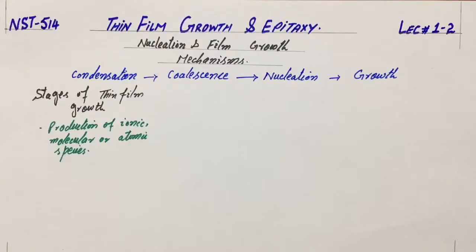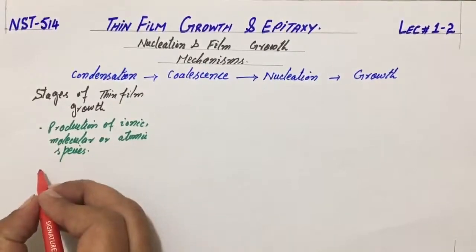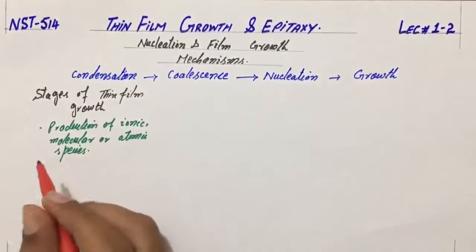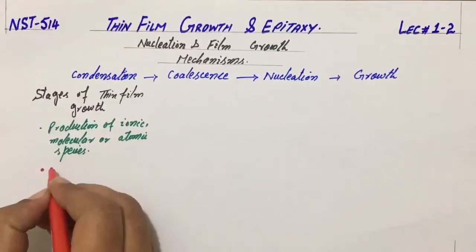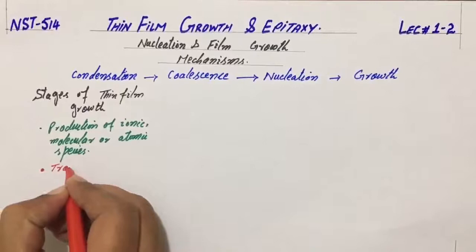So the second parameter is the transport of these species to the substrate through a carrier medium.